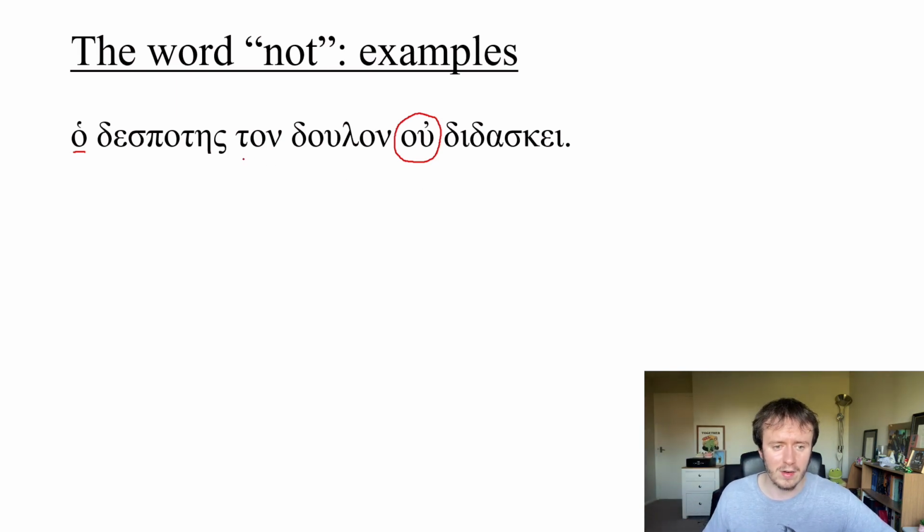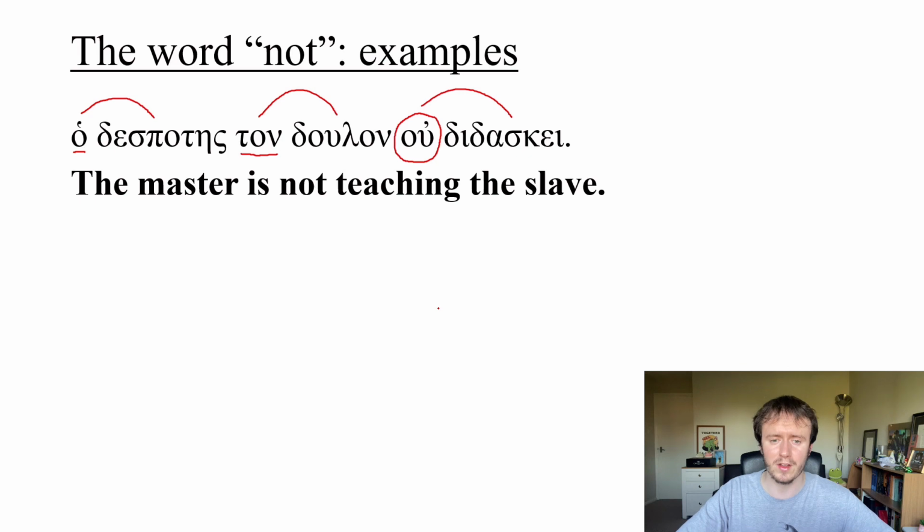And then the direct object, as indicated by the definite article, is the slave. And therefore, this sentence is, the master does not teach or is not teaching the slave. And I've put the translation on the screen for you there. The master is not teaching the slave, or the master does not teach the slave.